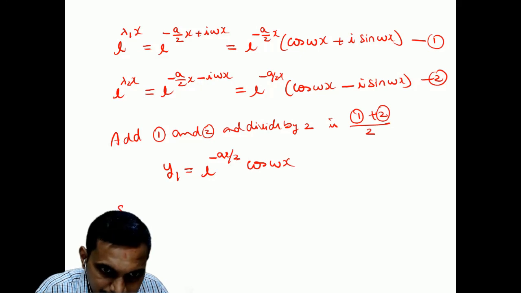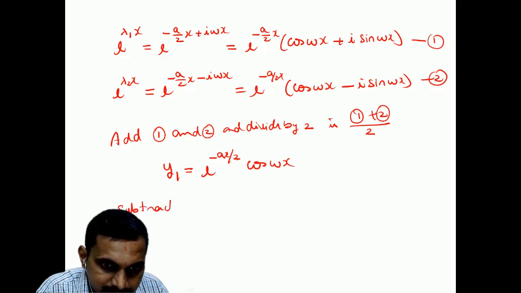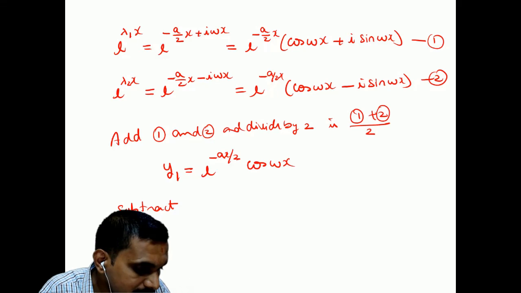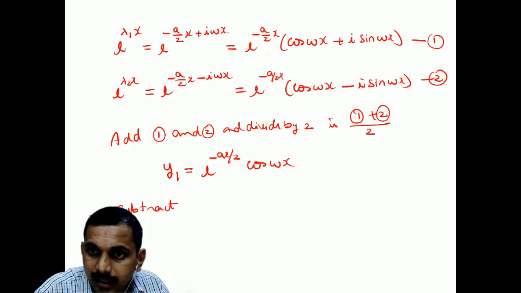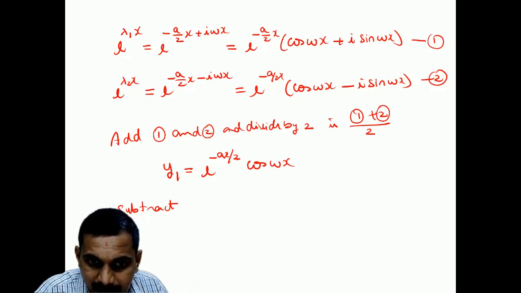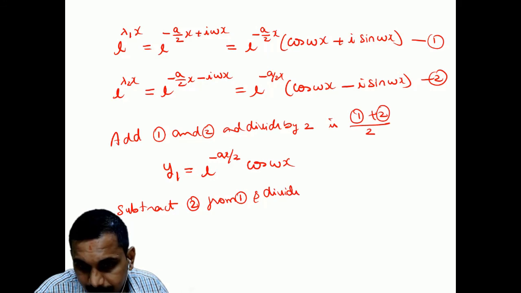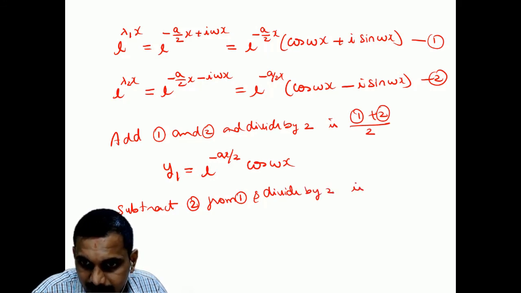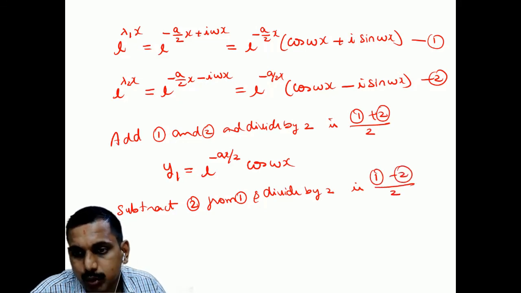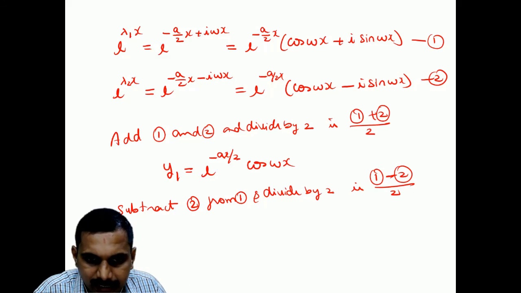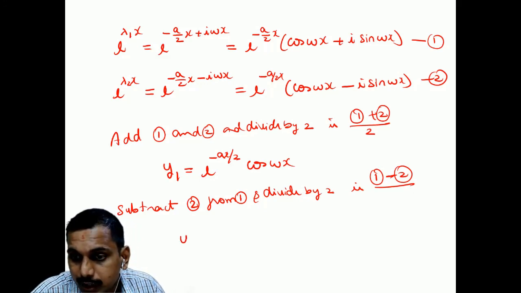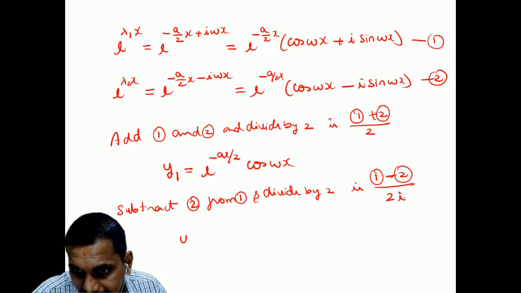Now next, subtract 2 from 1 and divide by 2. That is what we are doing, 1 minus 2 divided by 2. When we do this, it is divided by 2i, not 2, I'm sorry, because i is a number.